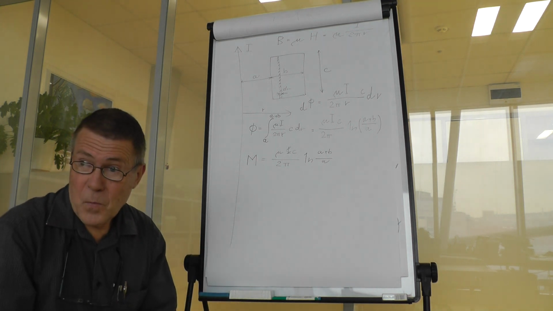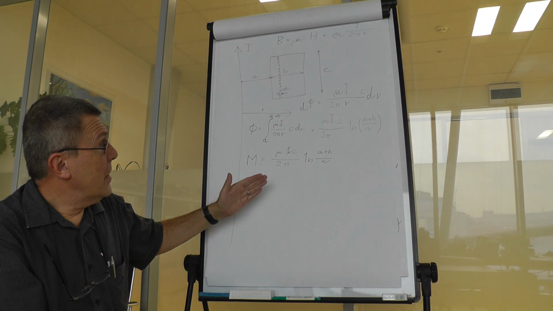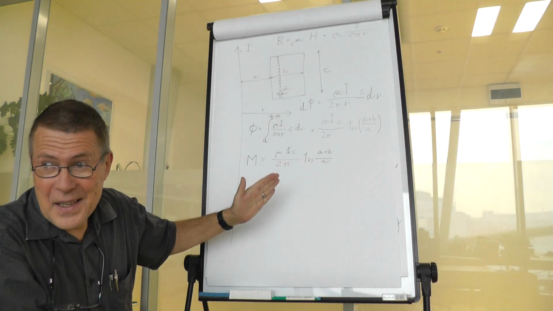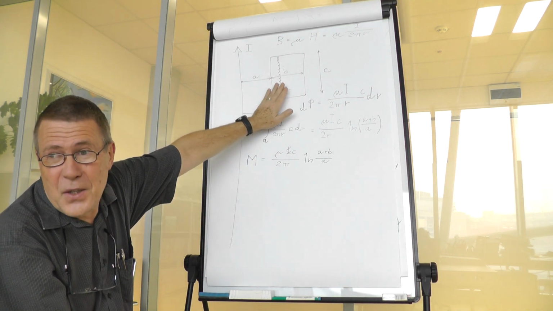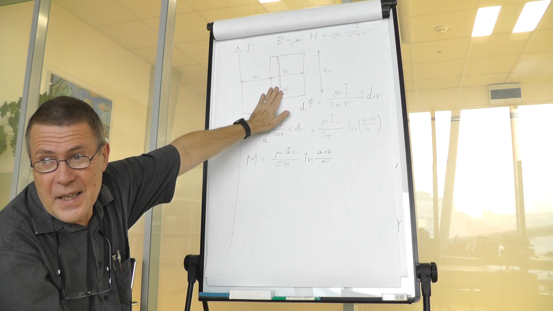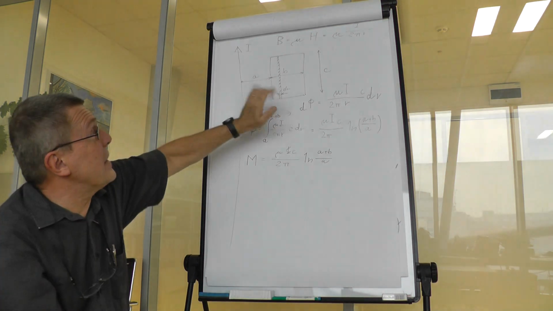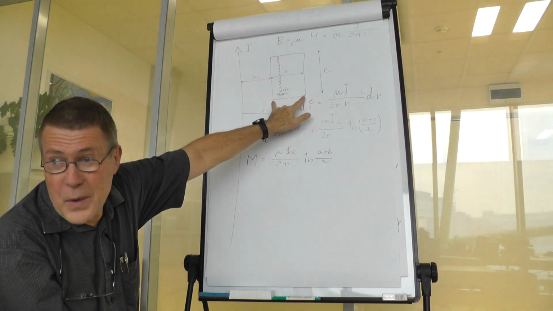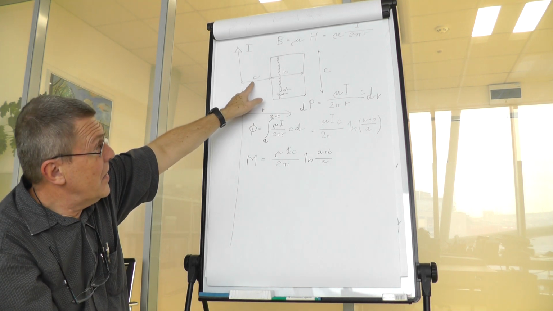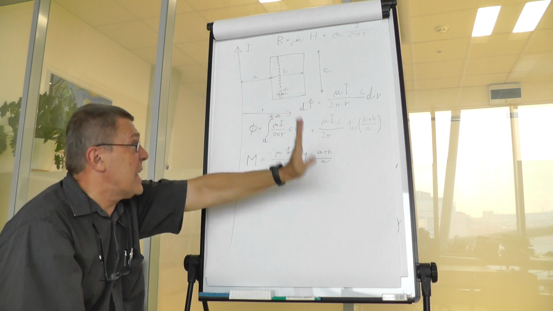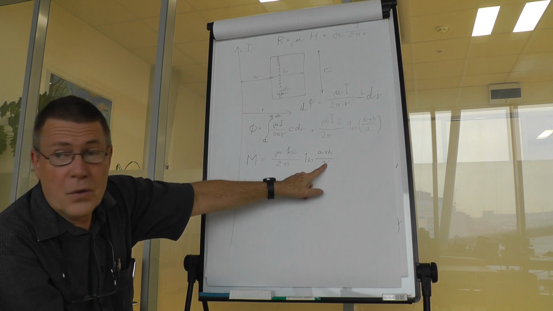Now a comment. In the case that you can position your reading device, your loop, at a distance from the wire that is comparable to the loop width, so if B is comparable to A, you will get something like a logarithm of 2.